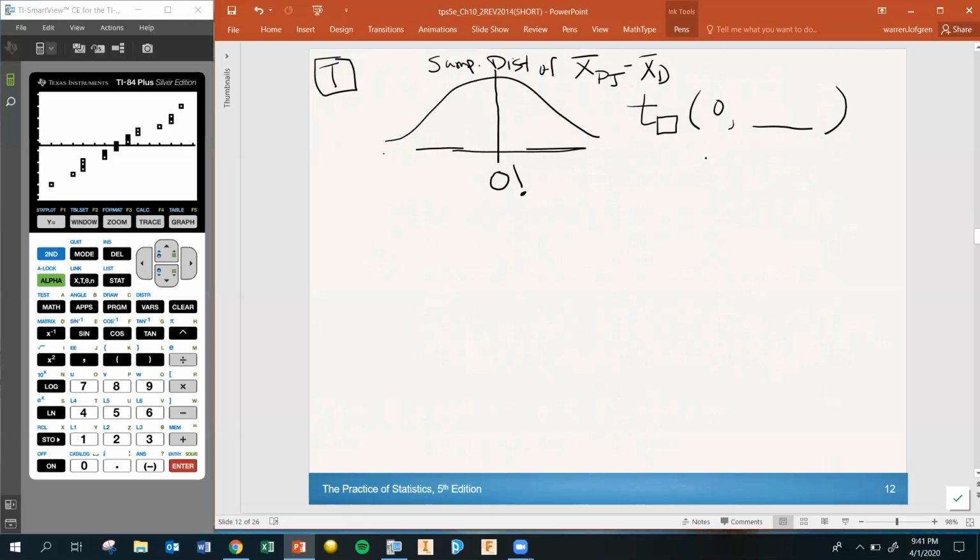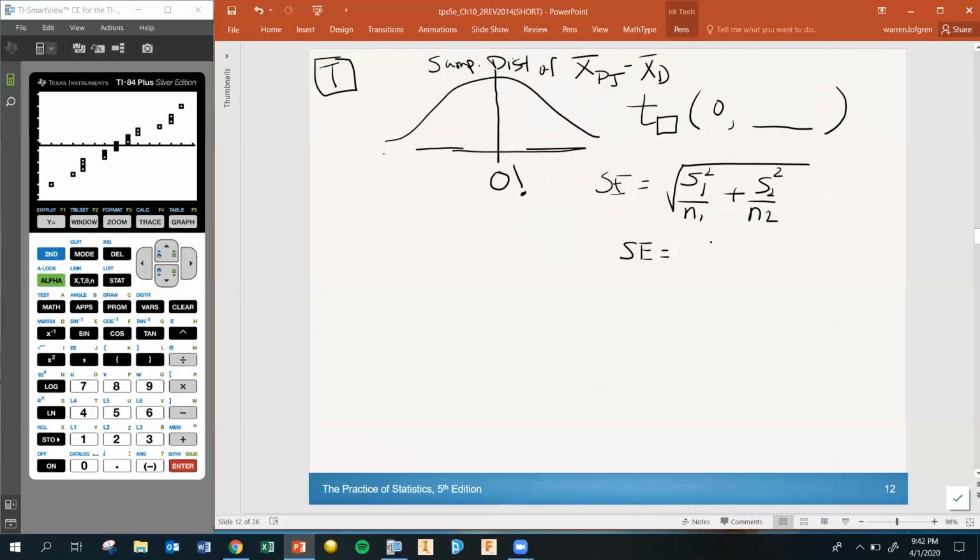So I'm going to go ahead and calculate what that standard error is. So we've got a formula on our formula sheet. The standard error says to do this: standard deviation of group 1 squared over the size of group 1, plus standard deviation of group 2 squared over the size of group 2. I'm going to go ahead and fill in those values.